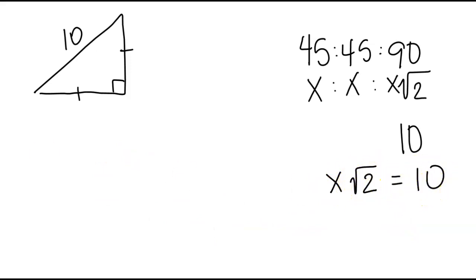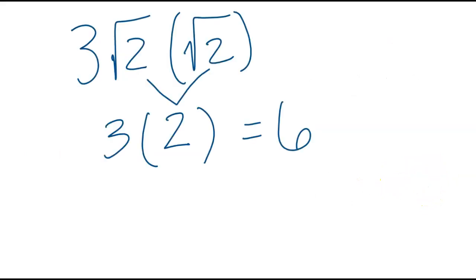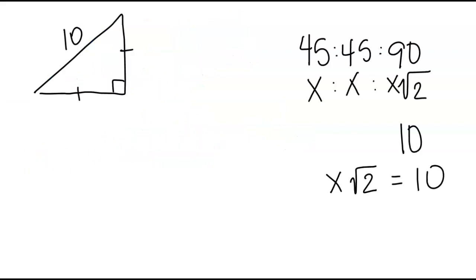Now remember, when I did the example earlier, the square root of 2 times square root of 2 became a 2. I need to do that again, but this time it's like I'm working backwards. In order to go from something times square root of 2 to a 10, we got rid of the square root, so we had to cancel them out.